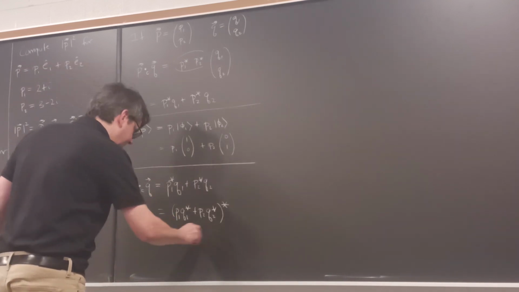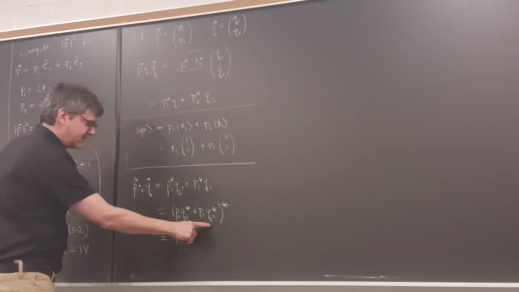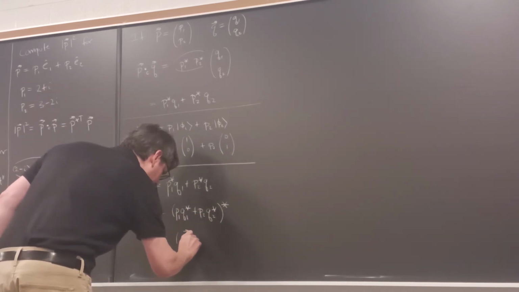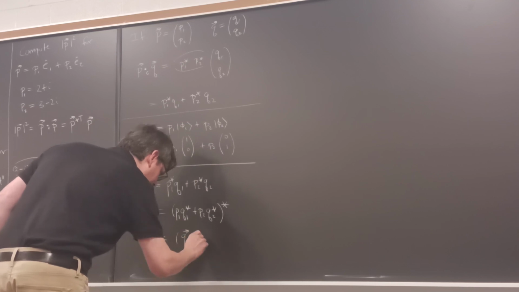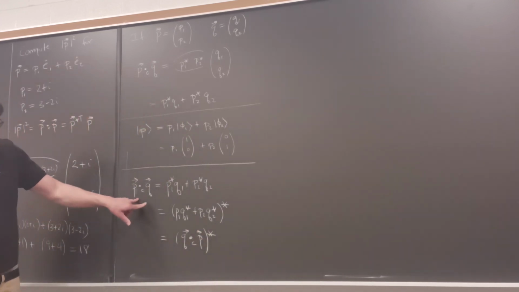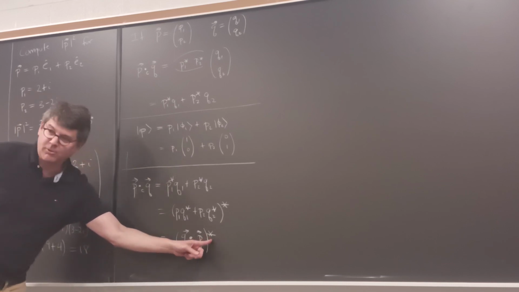But what is this? In parentheses here, this is Q with this complex conjugate dotted into P star. So when I switch the order of P and Q, I will get the conjugate.